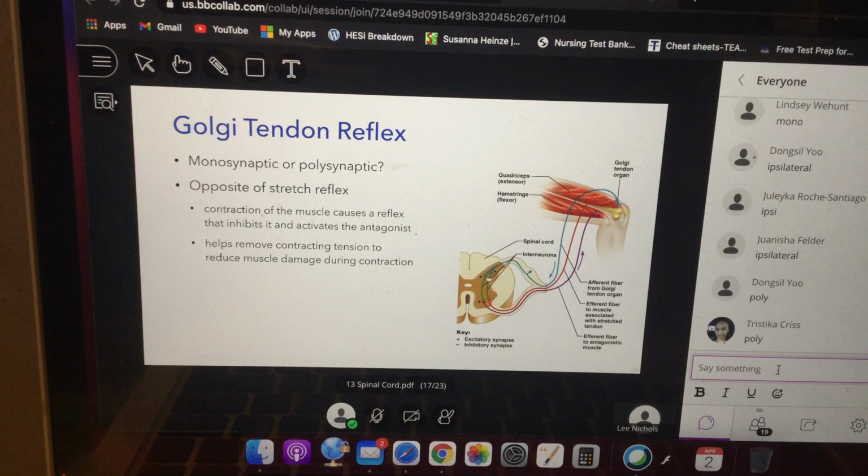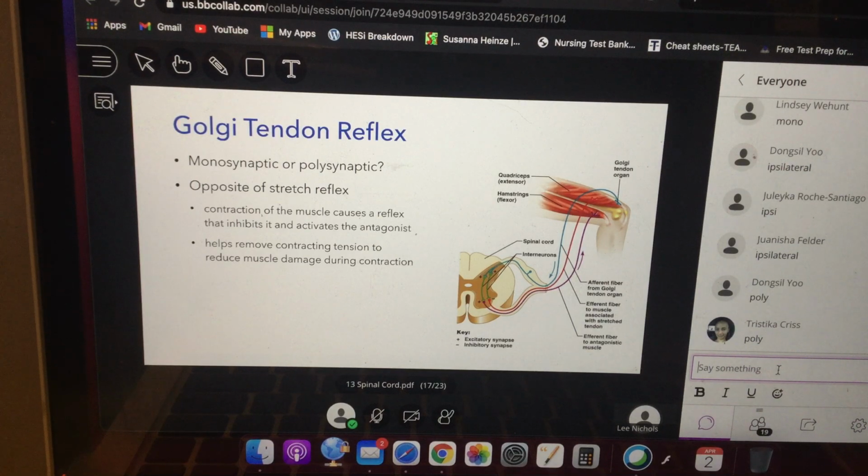And then in the integration center, it kind of splits, and it stimulates a nerve to contract the muscle on the opposite side, but then it inhibits the nerve to the muscle on the same side as the Golgi tendon organ. So contraction of a muscle can cause a reflex that actually inhibits that same muscle and activates the antagonist.